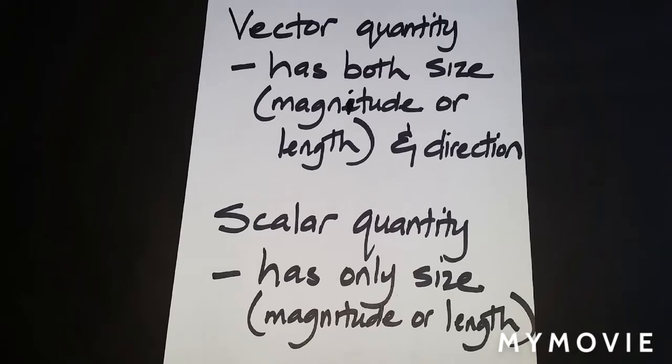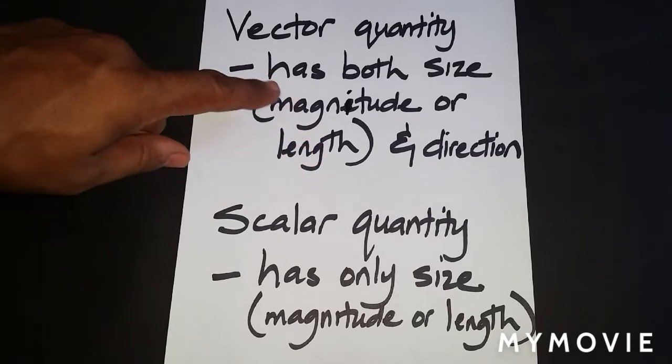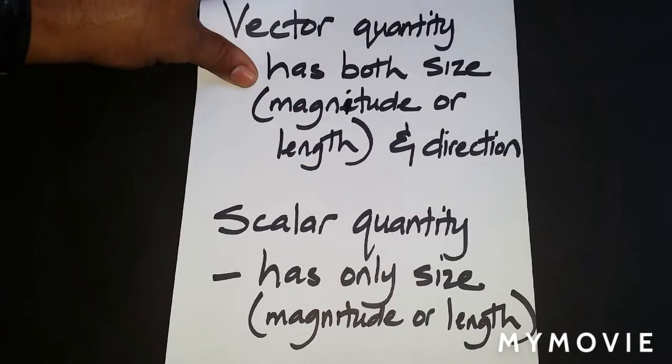An example of a scalar statement would be Kingston College is 1 kilometer from the National Stadium. So there's no direction given with a scalar quantity. But as far as vector goes, you must state direction and you must state magnitude. So direction is extremely important. So a vector quantity, which is a focus, has both magnitude and direction, and magnitude means size or length. Okay?